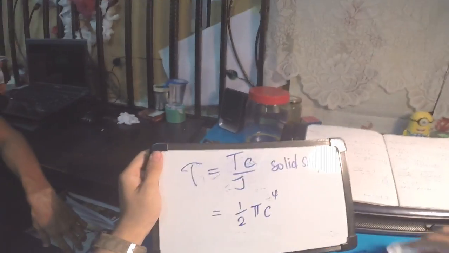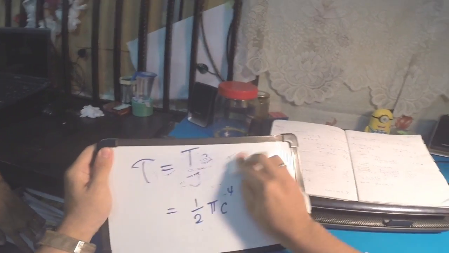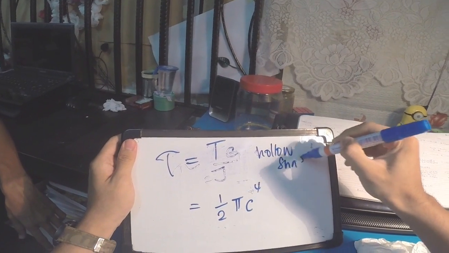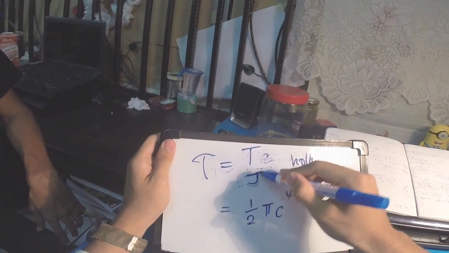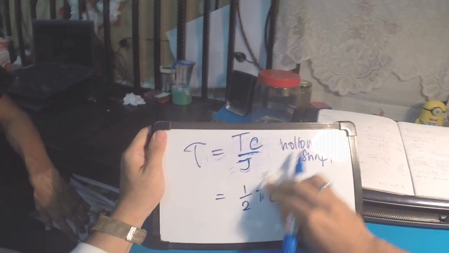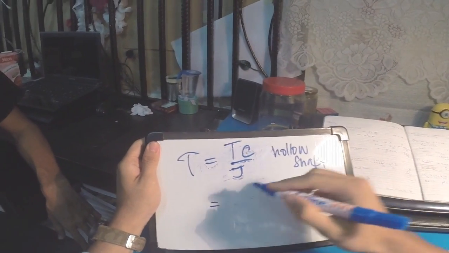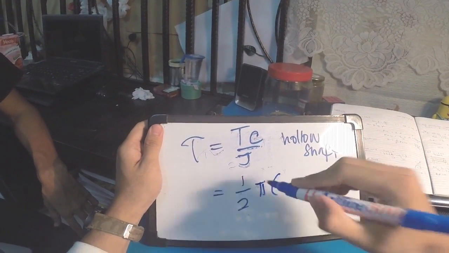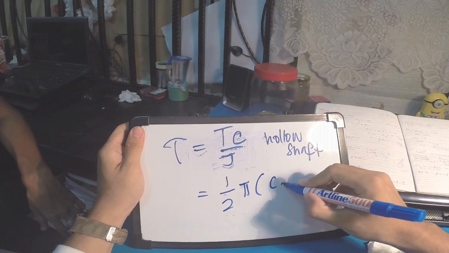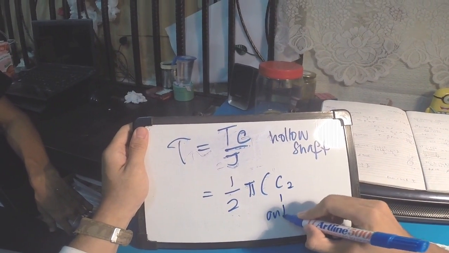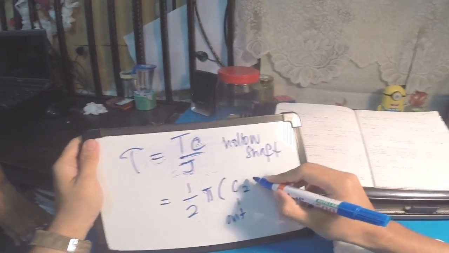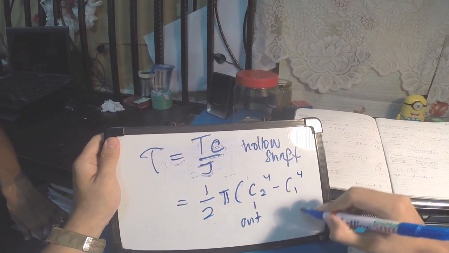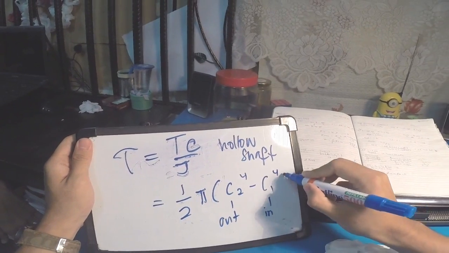For the second one, the hollow shaft, it's the same formula but a little bit different: 1 over 2 pi, bracket, C2, which is the outer radius of the hollow shaft, to the power of 4, minus C1 to the power of 4 for the inner radius.